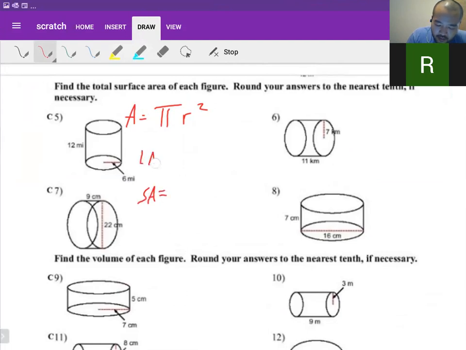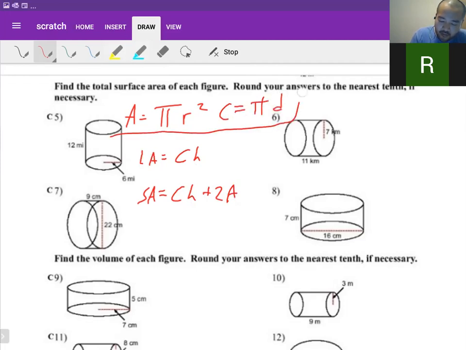Actually lateral area is circumference times height. And then the surface area is circumference times height plus 2 times the area of the base. What else is there? Then circumference equals pi times d.